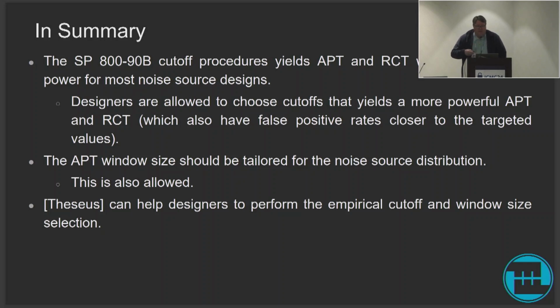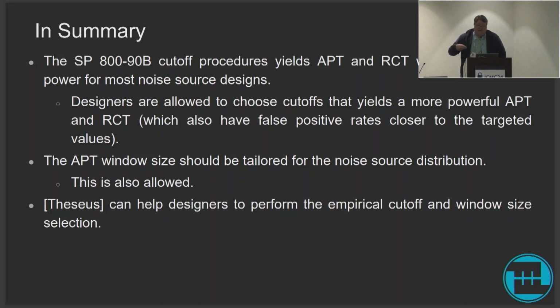The 90B cutoff procedures yield APT and RCT cutoffs that have low statistical power for most noise source designs. And by that we mean they don't necessarily do a very good job of detecting particular failure modes for actual implemented entropy sources. And designers, as it turns out, are allowed to choose cutoffs that yield a more powerful APT and RCT, which also have false positive rates that are much closer to their targeted false positive rates.